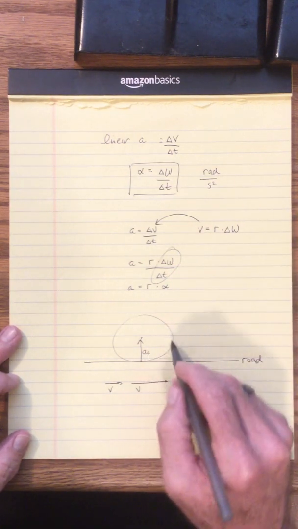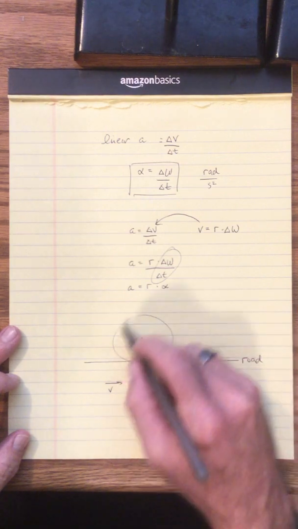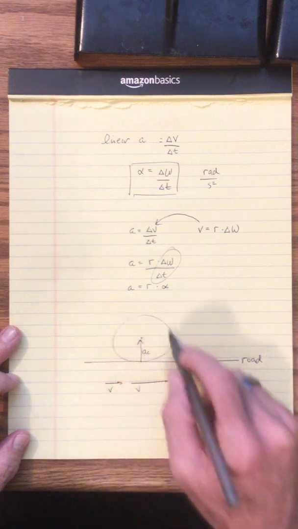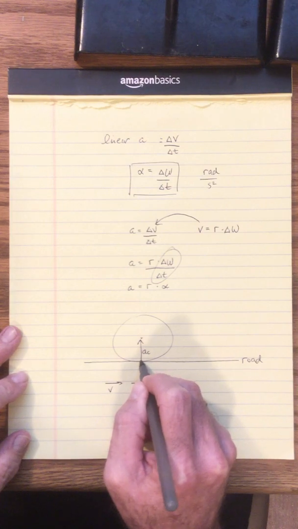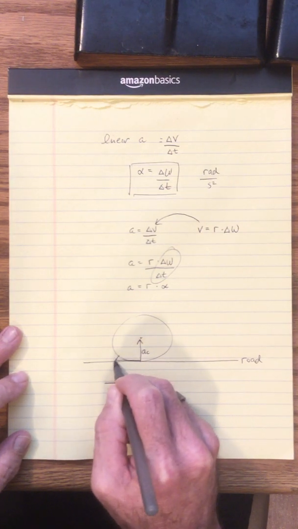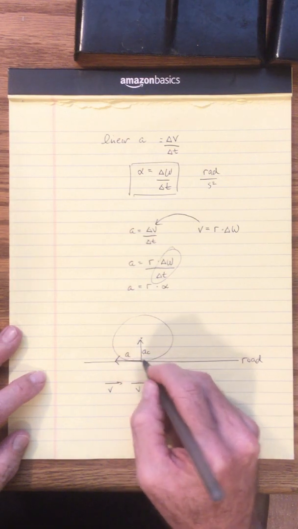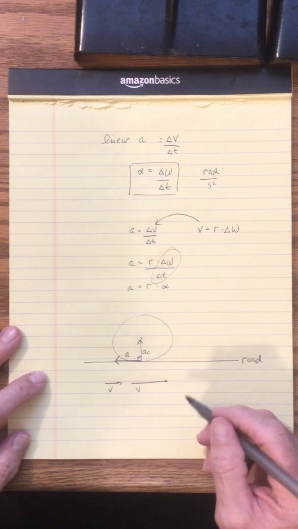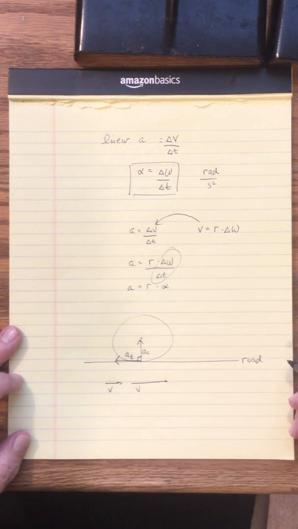So if we're going forward, this wheel is actually going to be spinning in this direction. Okay, so we have a spinning direction like this, and so my linear acceleration will be looking like this. It's going to be A, and it's going to be forming a perpendicular to this centripetal acceleration, and this is going to be called my tangential acceleration.